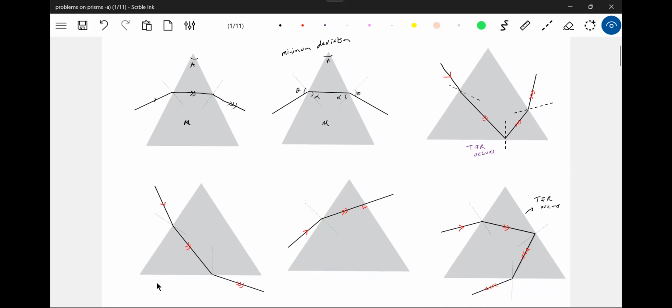If it is a minimum deviation, it should be parallel to the base. This is the base. TIR occurs here. If TIR occurs, it will get reflected. So what we have to do is check whether any TIR is occurring. All those conditions we have to check.